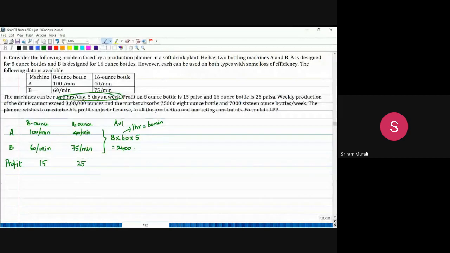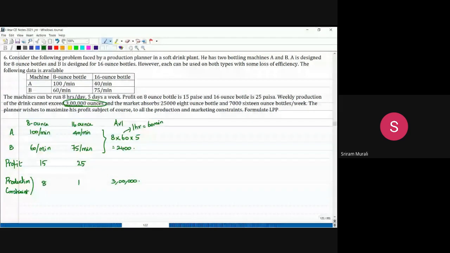The production constraint which is given: weekly production cannot exceed how much? 3 lakh, for 8 ounce and 16 ounce together. Everything is given in the unit of ounce, so you can assume the ratio is 8 and 16.